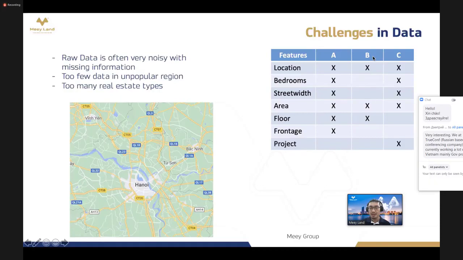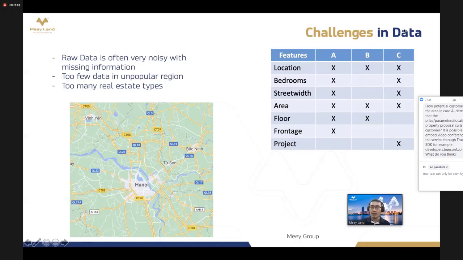But for property B, it has only location, area and floor. Then with that one, it's almost impossible to guess the price. With our data, this happens a lot. So we need to do interpolation. We have to try to infer from somewhere, or we can ask, we have to go to the agencies. But in the end, the data is a huge problem here in our application.